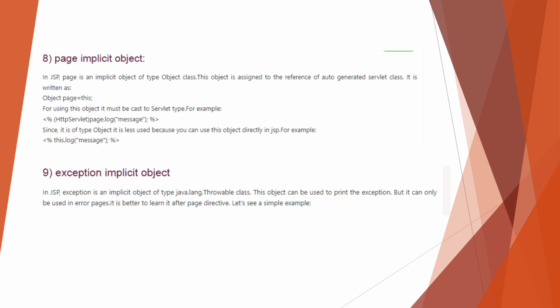If you require an example of each and every object, you can find them or you can text me, whenever you require to understand how all these objects work. You will find multiple programs or codes showing how to use all these objects. So this is all about the implicit objects in a JSP page.